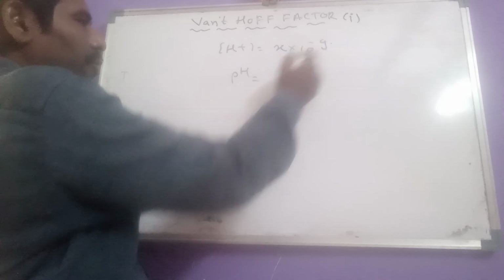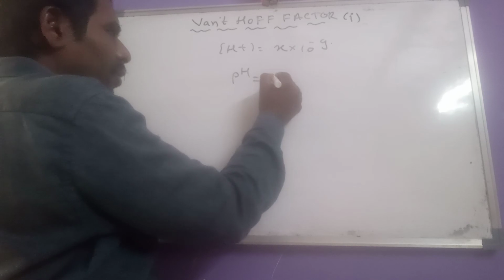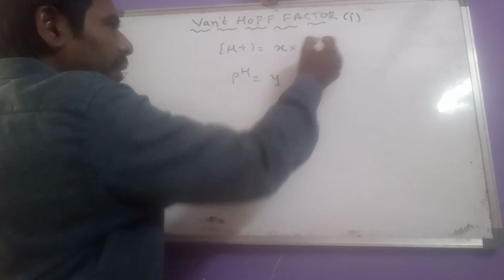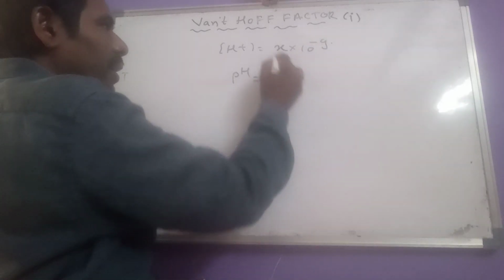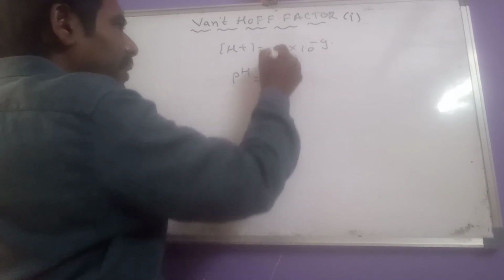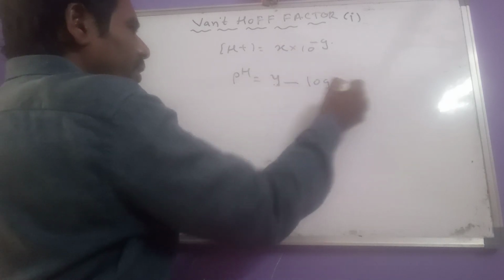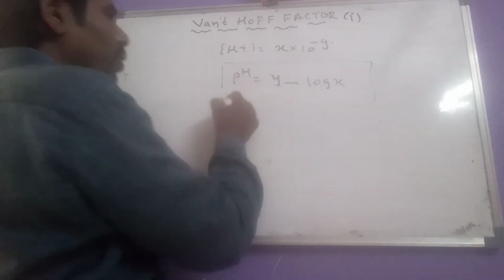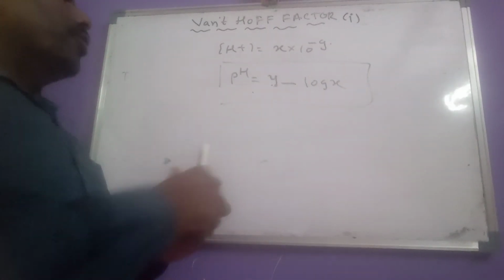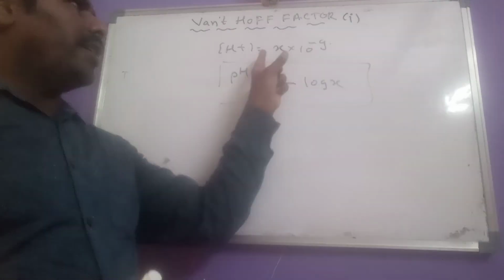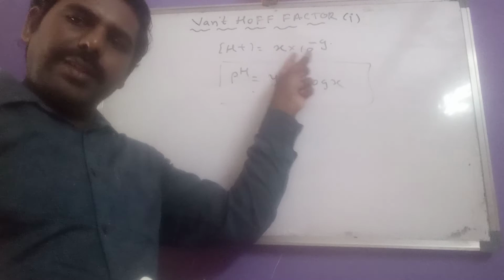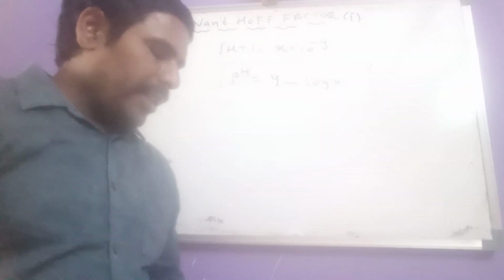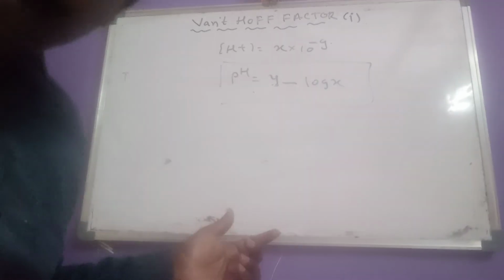Bring this y to the front, but don't bring the minus, just write plus only, and apply minus log to x. So this is the formula to calculate pH using the H plus concentration when it is present in this form.